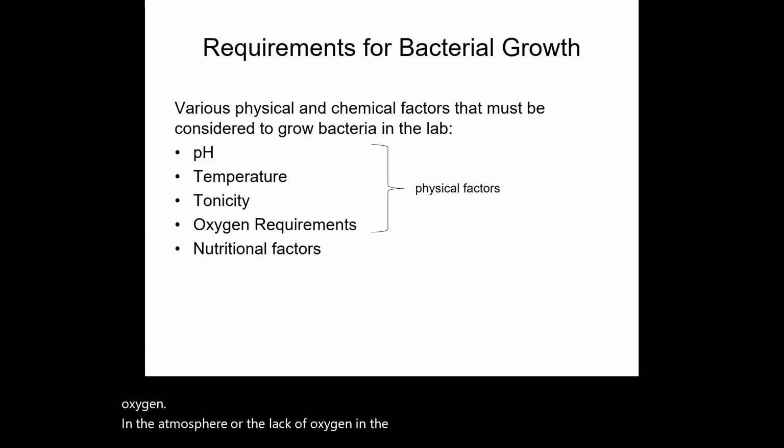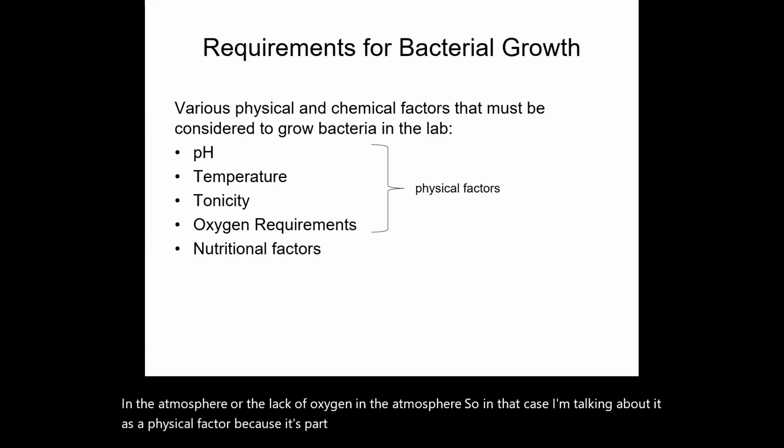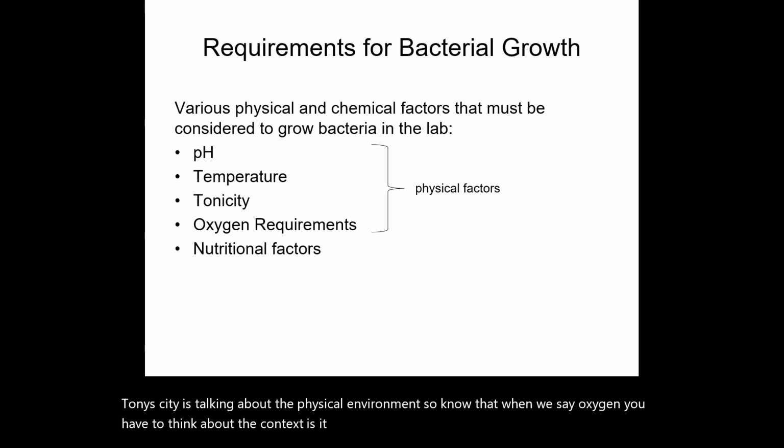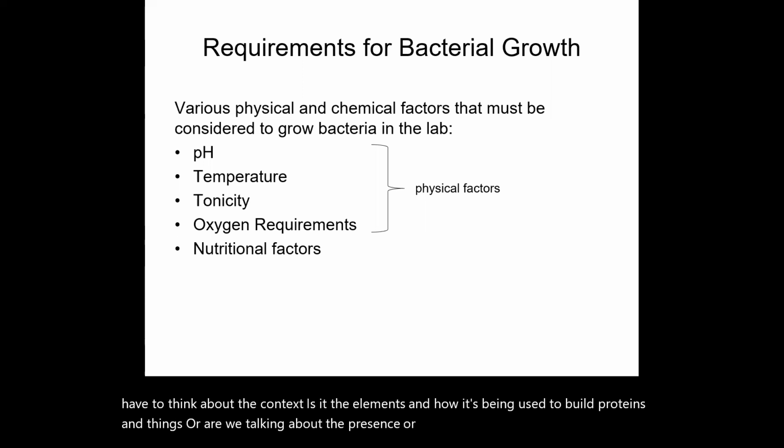So in that case, I'm talking about it as a physical factor because it's part of the physical environment, just like temperature, pH, and tonicity. Okay, so know that when we say oxygen, you have to think about the context. Is it the element and how it's being used to build proteins and things? Or are we talking about the presence or absence of oxygen in the physical environment?